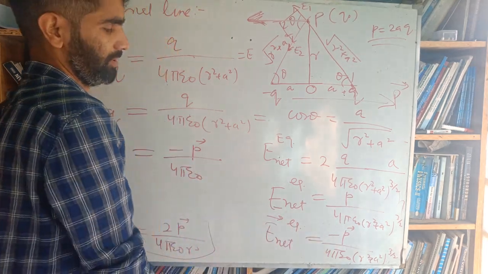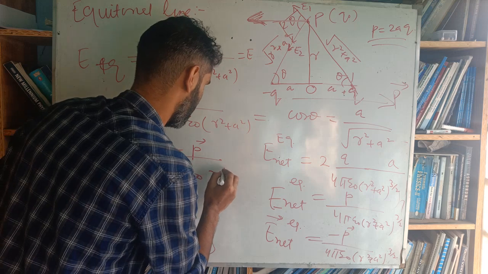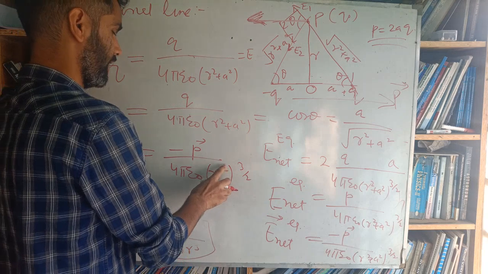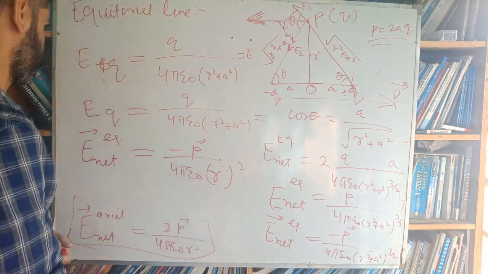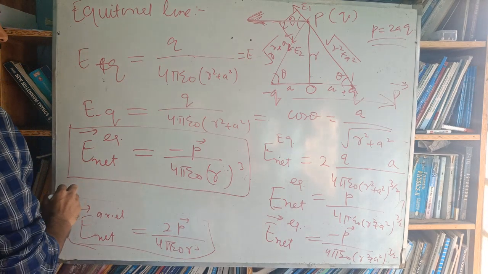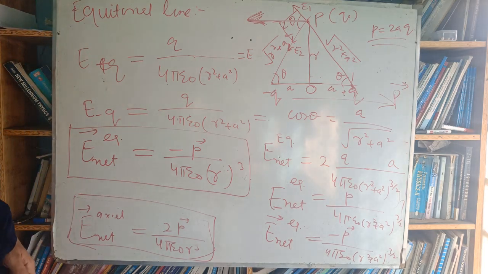In place of r square plus a square, I will write r square, so it will be r square to the power 3 over 2. So this square and root get cancelled, and we are left with r cube.